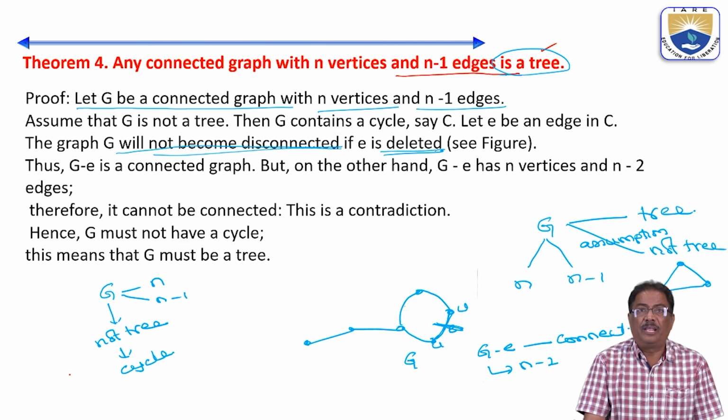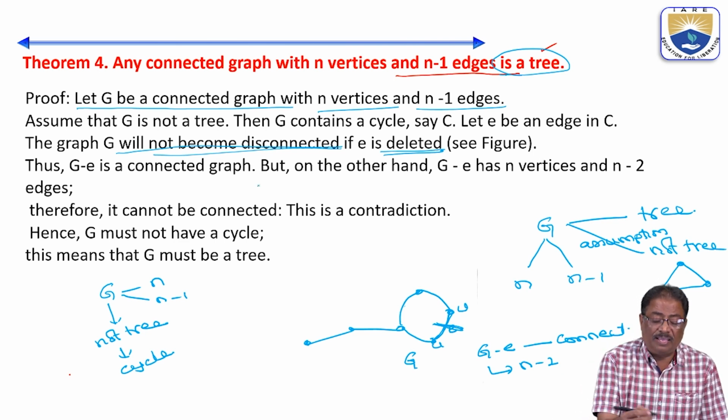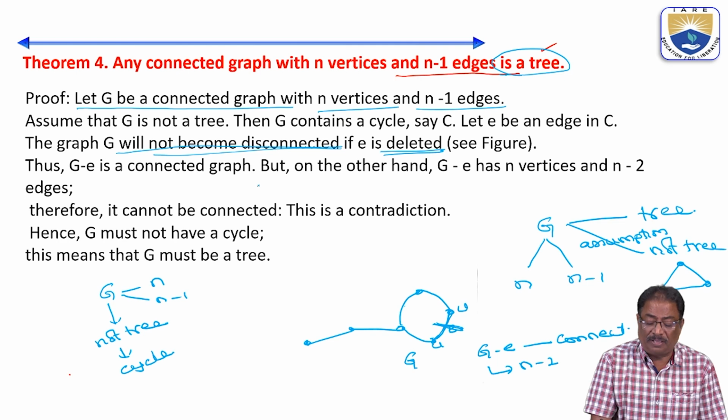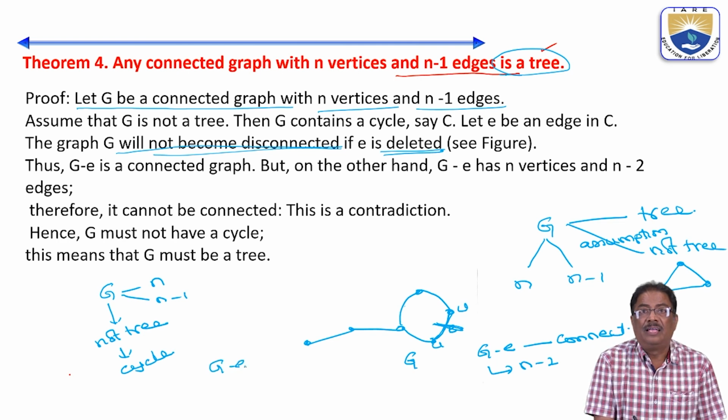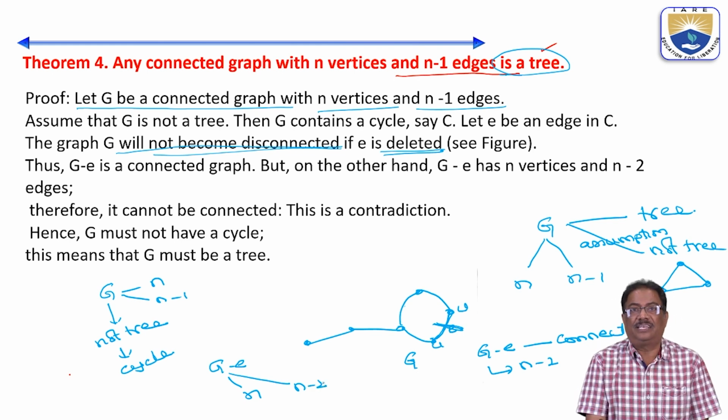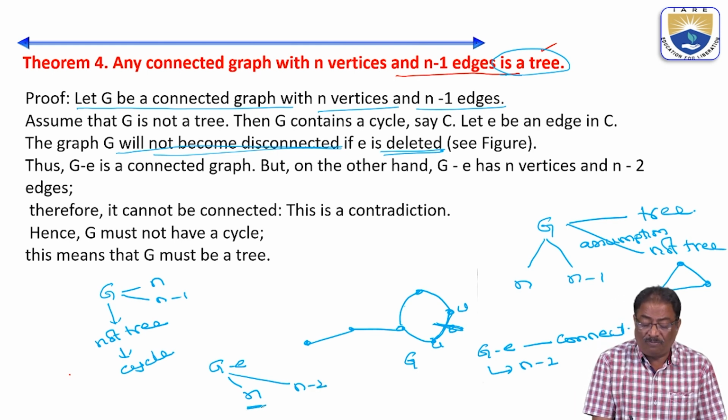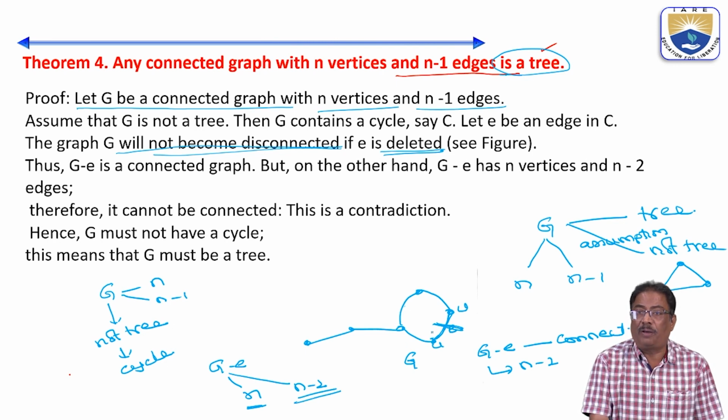If E is removed, then the graph is not disconnected, which means G minus E is still connected, which is having n vertices and n minus 2 edges. Vertices I have not removed, but the edge I removed, so it is n minus 2 edges.